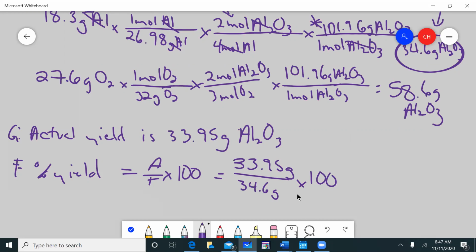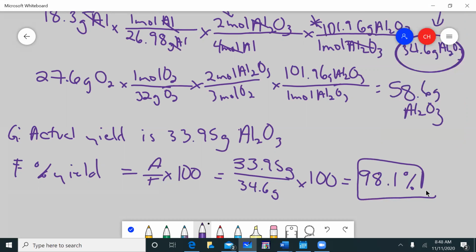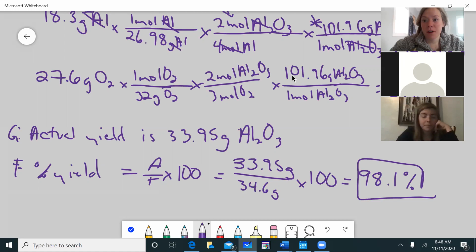It's pretty close. Times 100, we get 98.1%. So whoever ran this experiment was pretty efficient at doing it. Questions on that? Hopefully after we do a couple of them in a row like that, it starts to make sense.